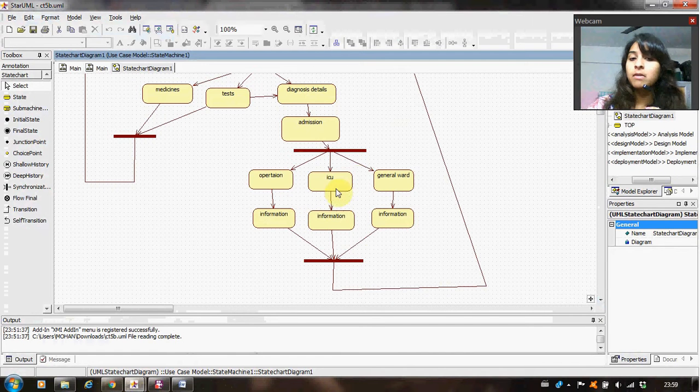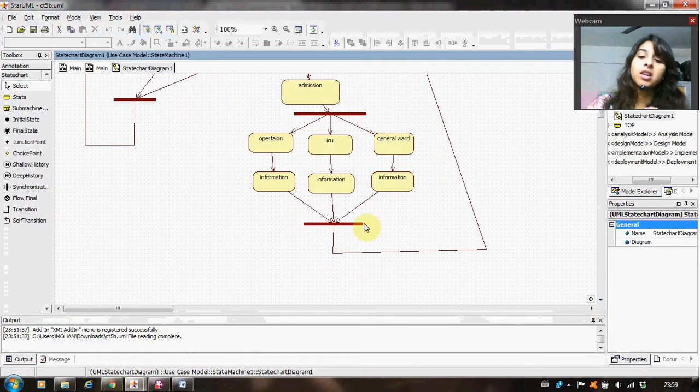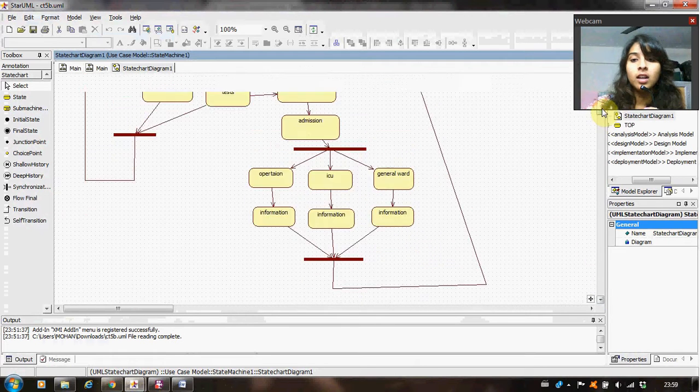The same continues for ICU, that is the bed number, the nurse in charge, the ward, what all medicines are being given, and whether they are under oxygen, insulators, etcetera.